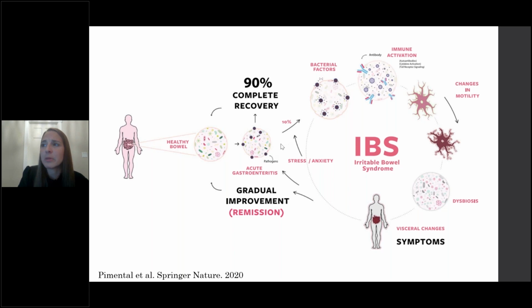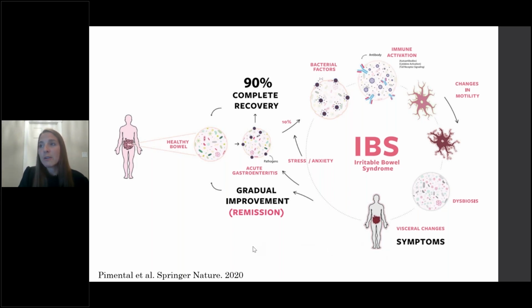But there is about 10% of individuals that may start to see that those changes in the microbiota are activating their immune system, causing changes in motility like diarrhea or constipation, leading to a dysbiosis and some of those visceral changes and symptoms like the abdominal pain, bloating, gas production, and changes in bowel movement pattern that we see in IBS.